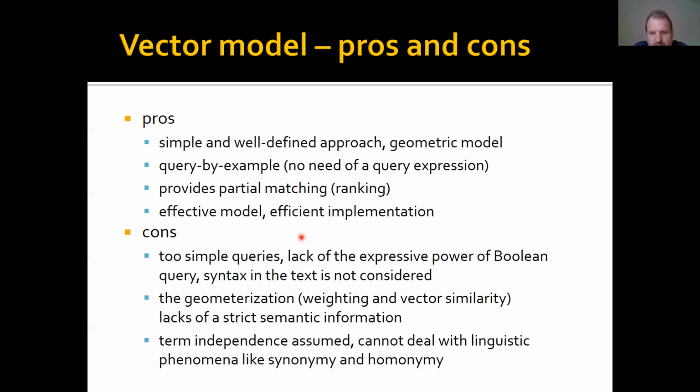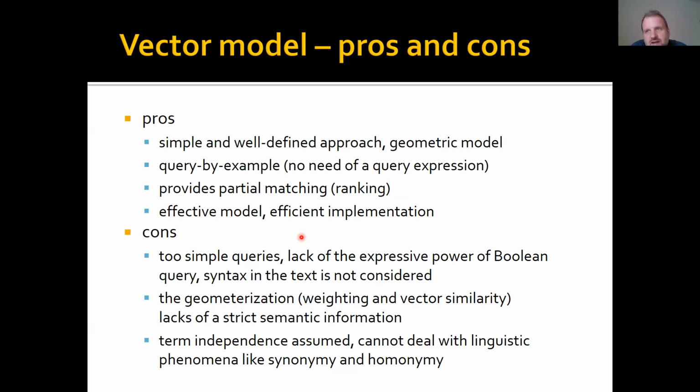And this is not a very large expressive power of the model, and it also lacks the higher semantic processing, because the terms, and this is also the problem of the extended Boolean model, but here it's more pronounced in the vector model. The terms are used as dimensions, and the dimensions are supposed to be orthogonal to each other, right? Because it's a coordinate system. We have orthogonal dimensions.